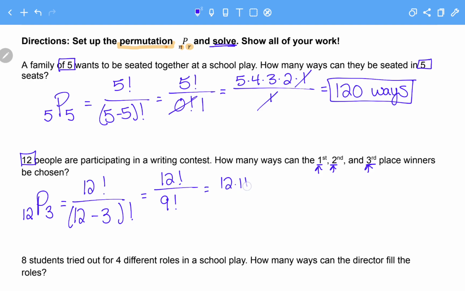So 12, 11, 10, 9, stop. We're stopping because those 9s will cross off. So now we need to know what 12 times 11 times 10 is. And I'm going to have to pause and grab my calculator because I do not know that one. Okay, it is a bigger number, and that's okay. It is 1,320 ways.